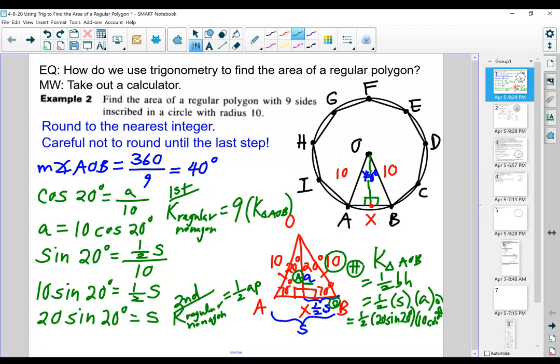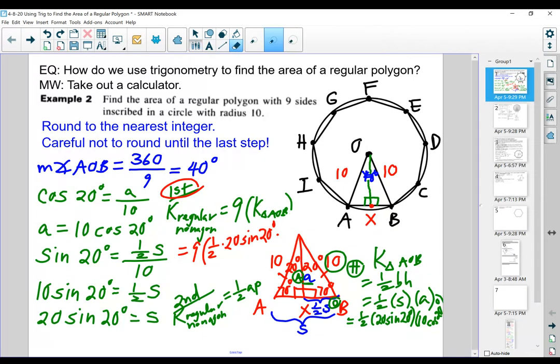So let's go back to the first method over here. We have now 9 times the 1/2 times the 20 sine of 20 degrees times, let's get more room by erasing that O for a moment, times 10 cosine of 20 degrees. And now, since we're trying to find the regular nonagon's area, now is the best time to use the calculator.